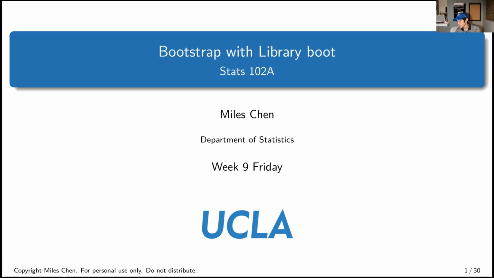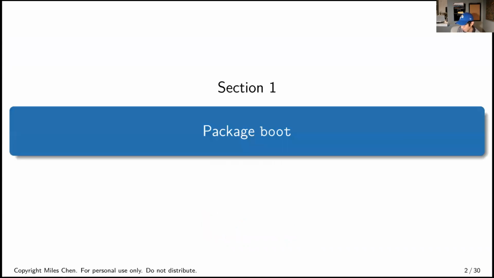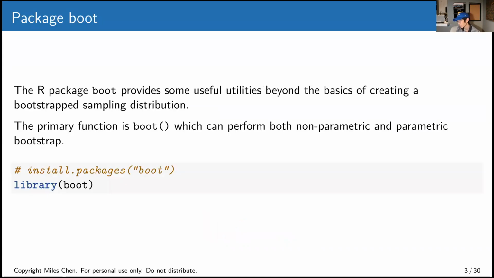Today we're going to look at Bootstrap some more, but this time we are going to use the library boot. Within R, there is a package called boot, and it's pretty useful. It has some additional utilities, and there are other libraries built around boot that take the results of boot and give some useful information with it.